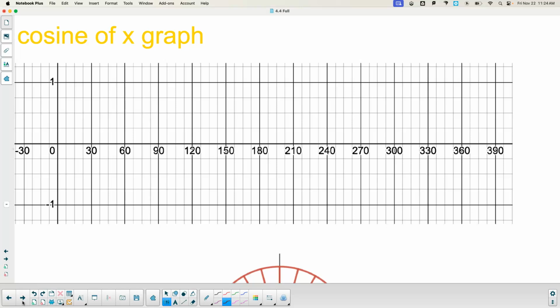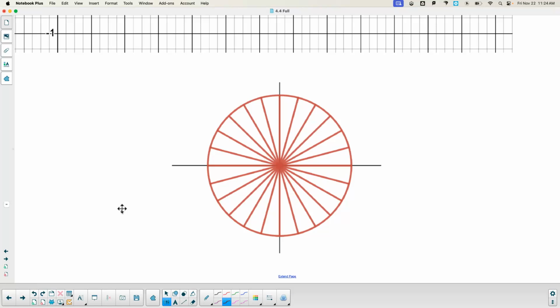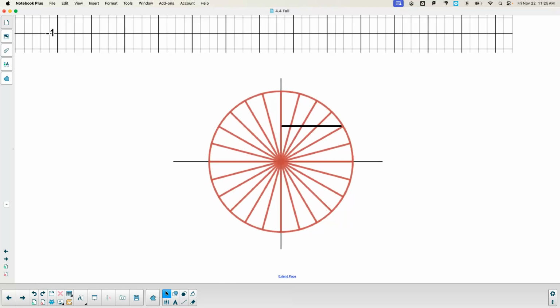We are measuring, again with your piece of spaghetti, this time off of the y-axis. So we would measure here, that way. Again, it's broken up into 15-degree segments. But now you're going to measure horizontally this time. Go for it.